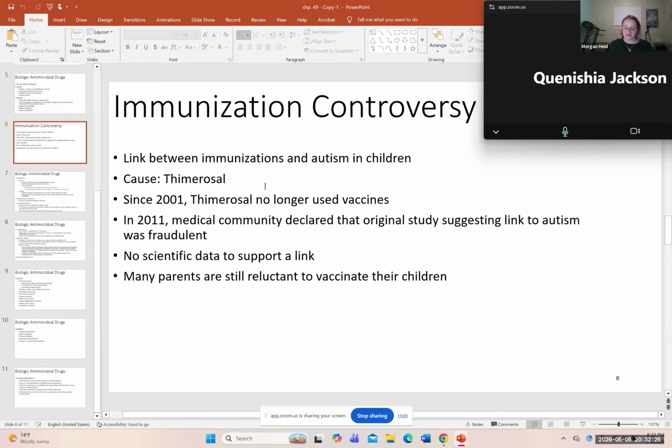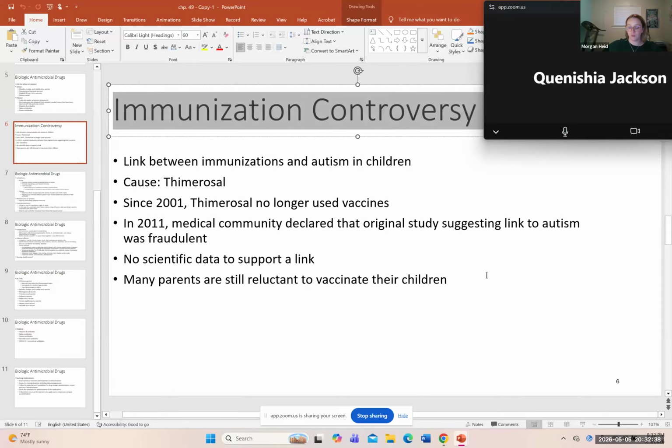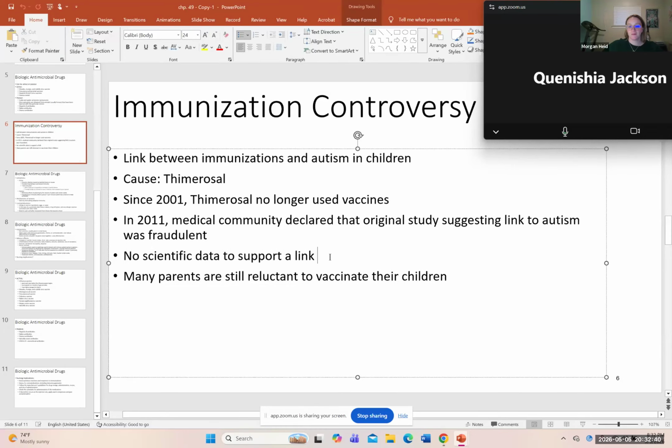Of course, NCLEX and the medical world are going to say vaccines are safe and should be given. But I'm just telling you that there is a debate, because we know that there are links to not just autism, but autoimmune diseases and other types of immune responses to vaccines.